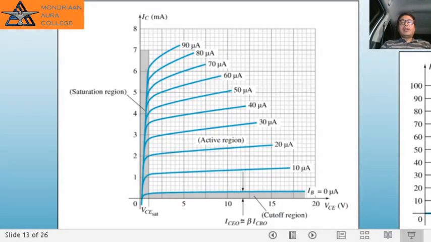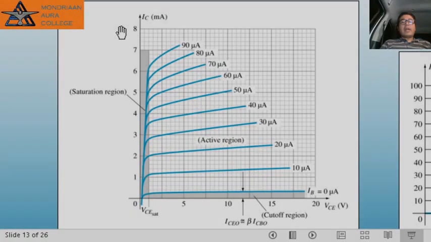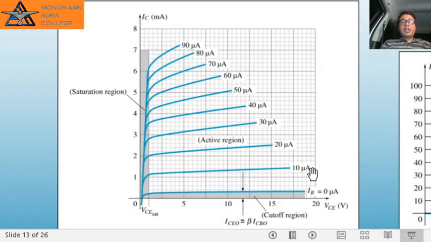Bakit I sub C ang y-axis natin dito sa ating output characteristics? Dahil ang I sub C natin is the output current ng common emitter configuration. Dito sa x-axis natin, meron tayong V sub CE, which is the output voltage. So we have the output current and the output voltage.